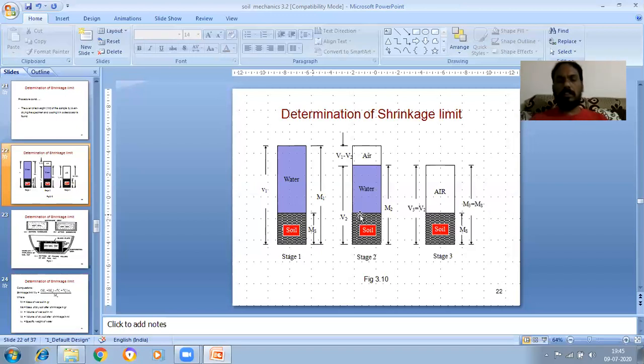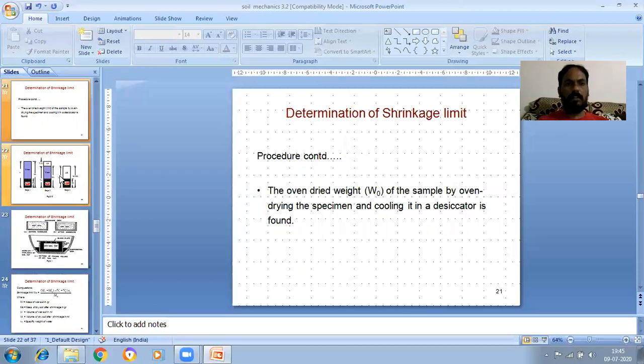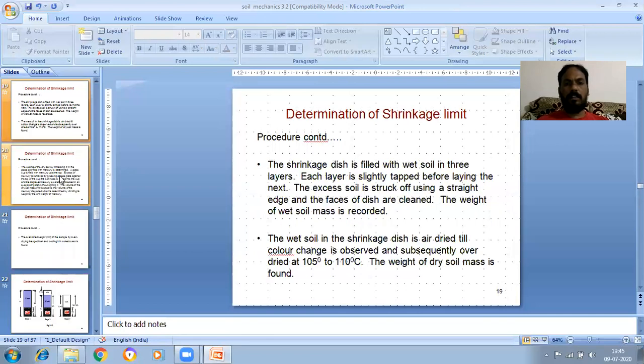Next, here we are allowing it to dry. This is the second step, now I will explain. The wet soil in the shrinkage dish is air dried till the color change is observed.